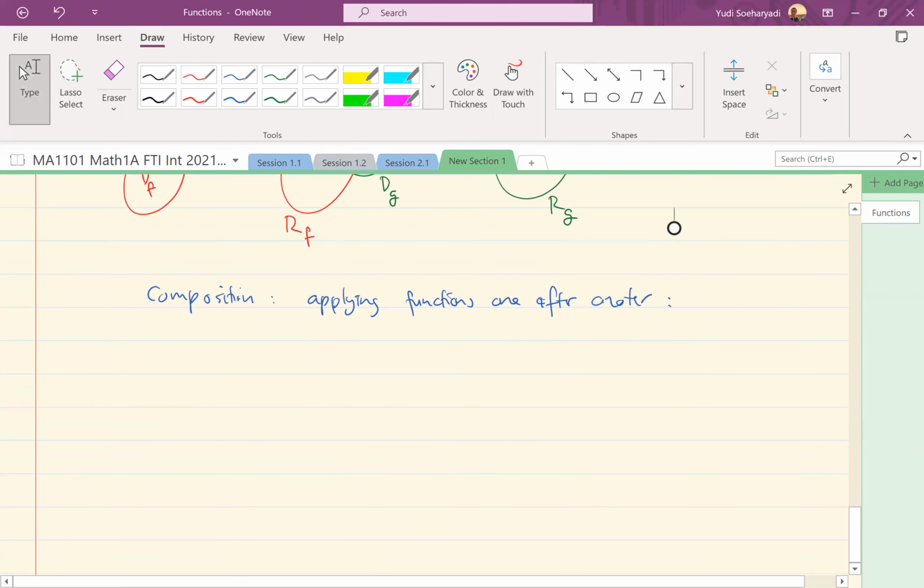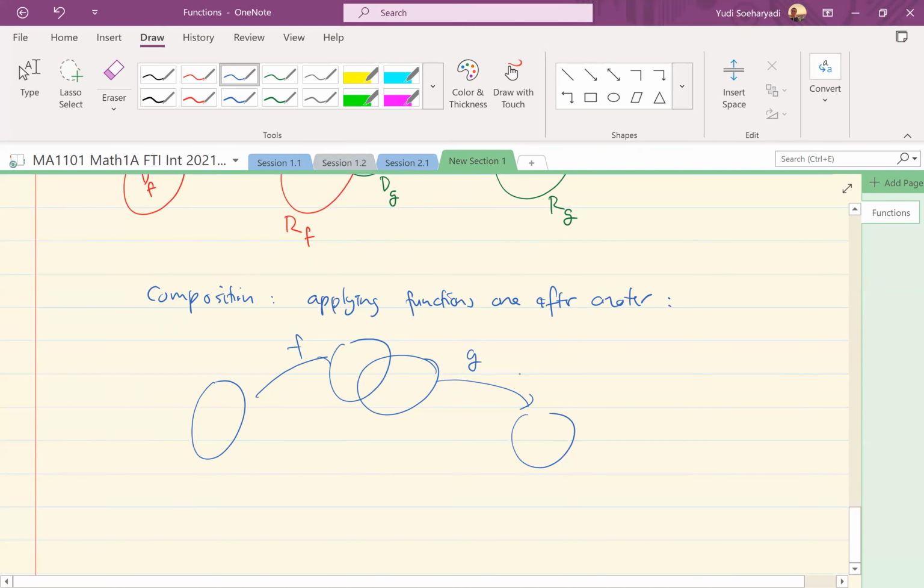So this one is f first, followed by g. This is the notation.